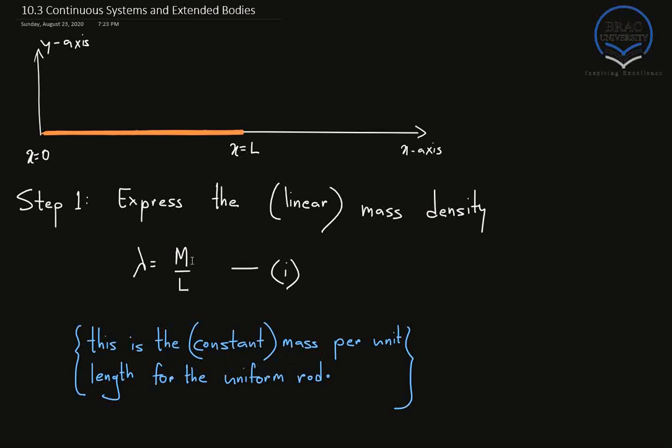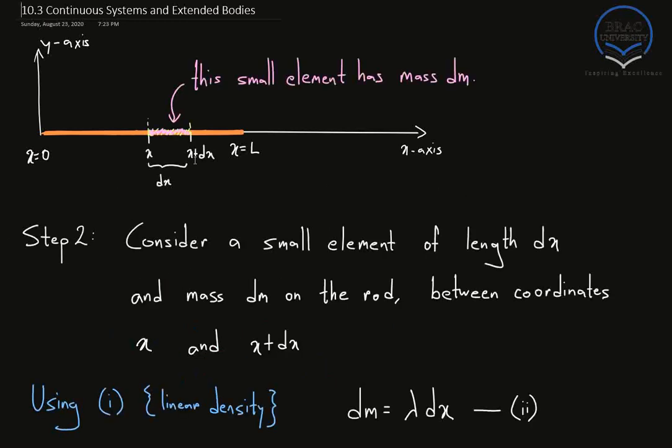Okay, so now that we have this formula, let's number this one. In step 2, as we said, in the continuous case, you want to break up this continuous system into small elements. Let's take a small element of mass dm, which lies on the rod between x and x plus dx. That is, it's got a differential width, a small width of dx.